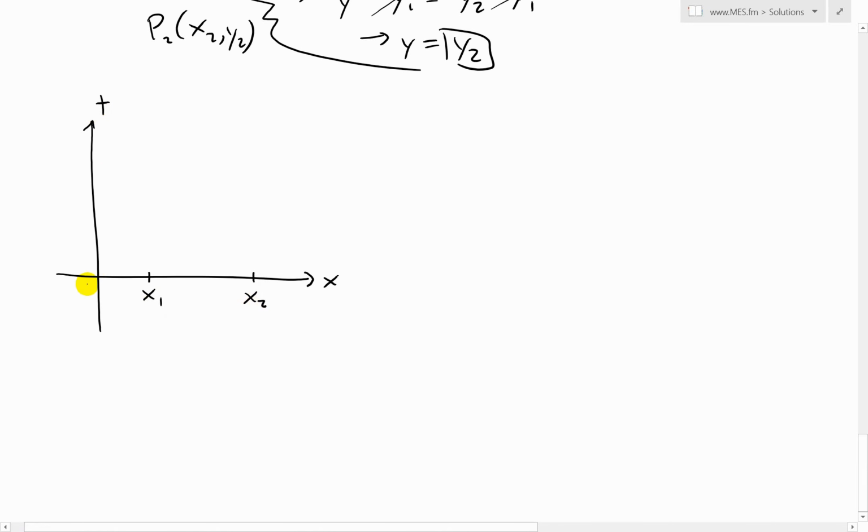So 0 is here, and then it moves all the way to where t is 1, so we have x2 here. This is just a straight line, and that's our x equals x1 plus x2 minus x1 times t. So that's just an equation of a line on the x and t axes.